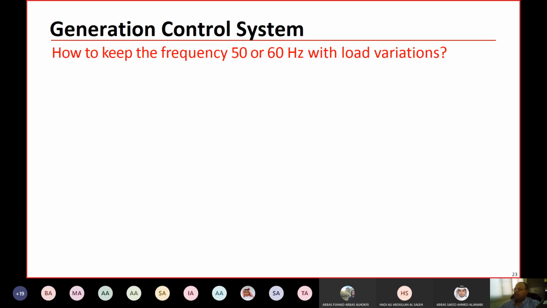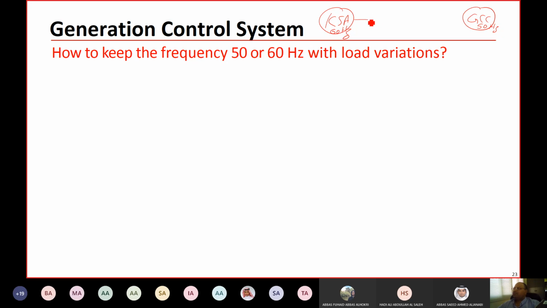Actually, this is the case when you have different frequencies. You have here the Kingdom at 60 hertz, and you have here Bahrain or other GCC countries at 50 hertz.